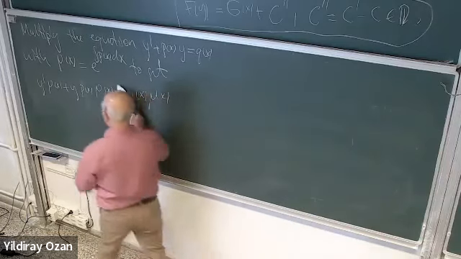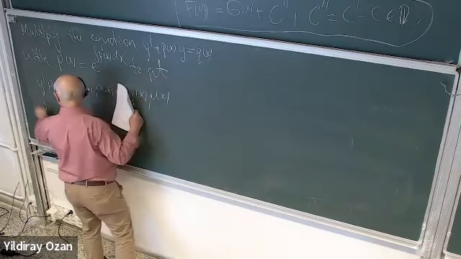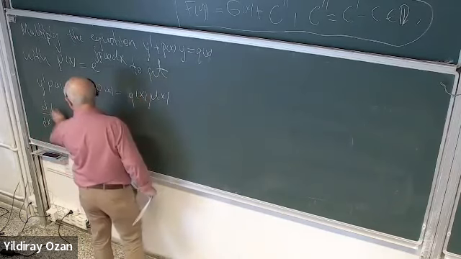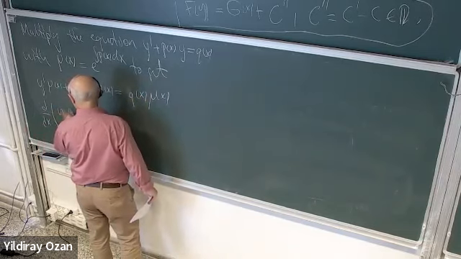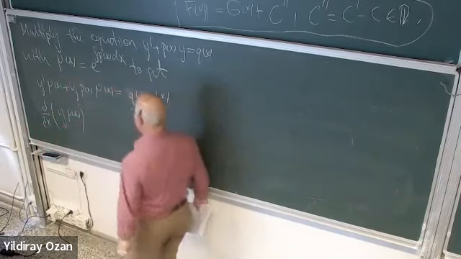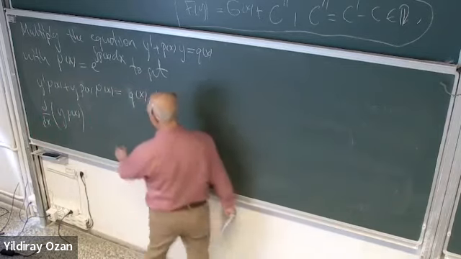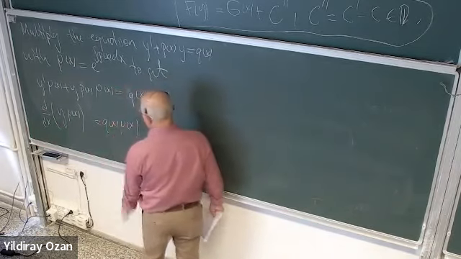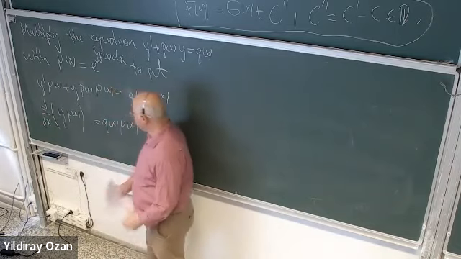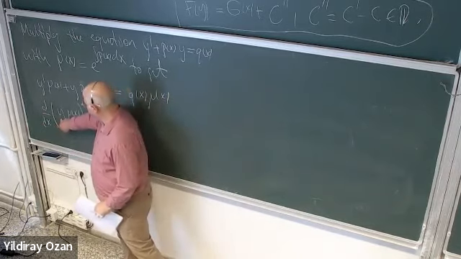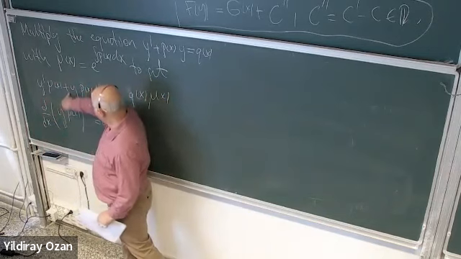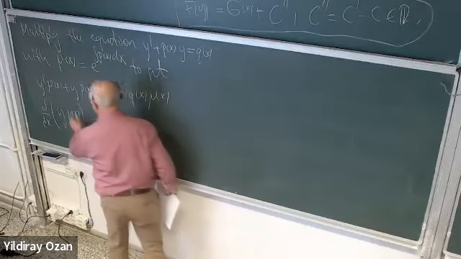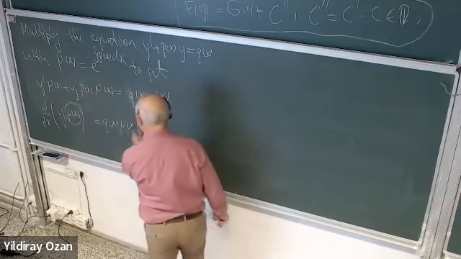Şu kısma bakarsanız, if you look at this part, this is nothing but the derivative of y times mu(x). Why is that? Because when you take the derivative of this, you get the derivative of y times mu plus y times the derivative of mu. Now, what is the derivative of this?